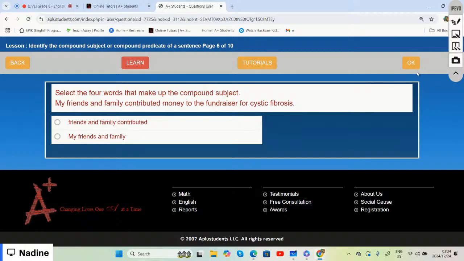The next one says we need to select four words that make up the compound subject. My friends and family contributed money to the fundraiser for cystic fibrosis.